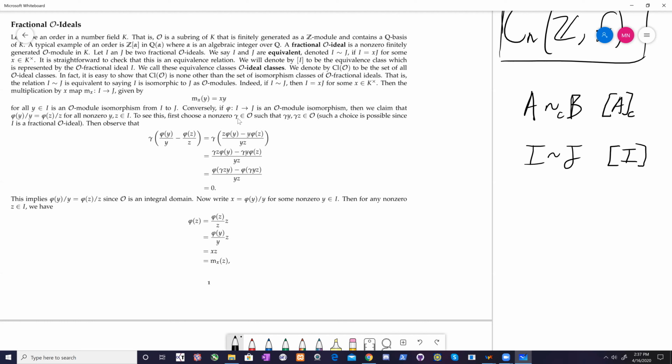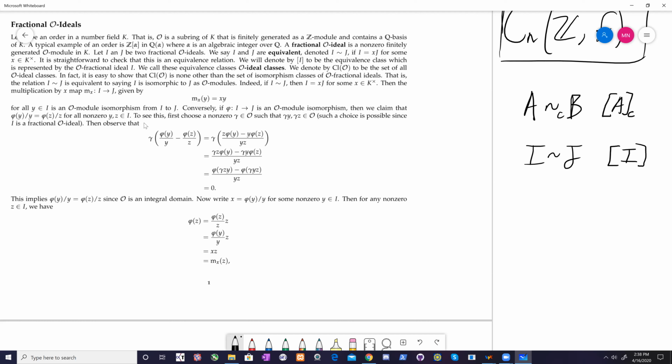To see this, we choose a non-zero gamma in O, so that gamma y and gamma z both belong to O. This is also an equivalent condition for I to be a fractional O ideal. It means that you can always multiply each element by some other element to get it into O. Such a choice is possible since I is a fractional O ideal.